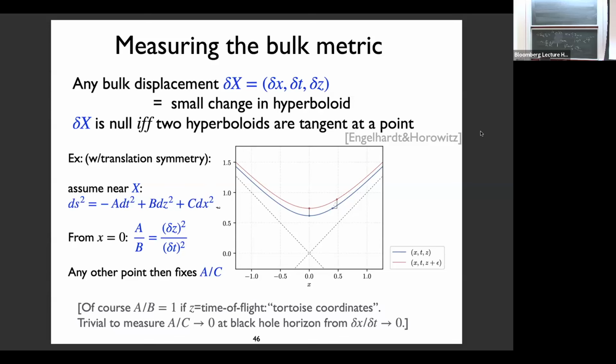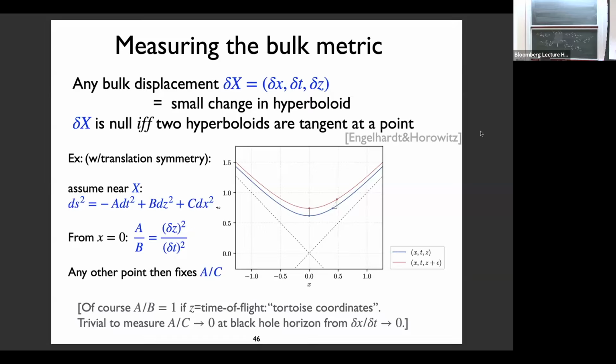You do that here, and first you do it at the origin, which is very easy. At the origin there's no delta x, there's just a delta t and delta z, and you learn the ratio of the dt squared and dz squared parts of the metric in the bulk, just from how much time displacement there was at this point.